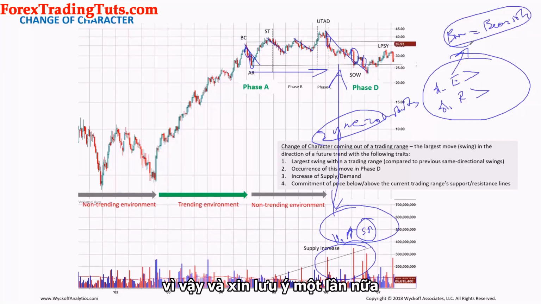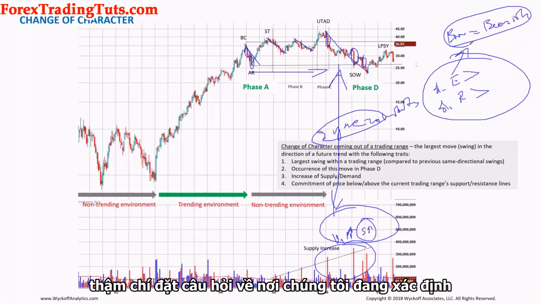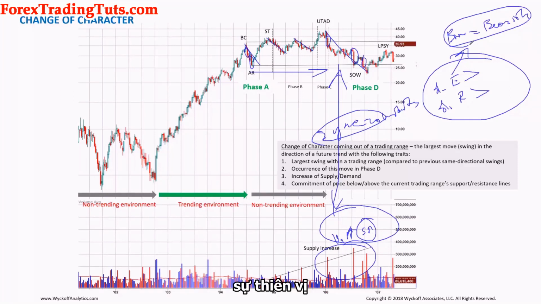So, and please note again, let's be honest about where we define the bias. And let's be honest about even questioning where we're defining the bias. If you're going to ask, why did you not define the bias before, let's say, the beginning of 2006?